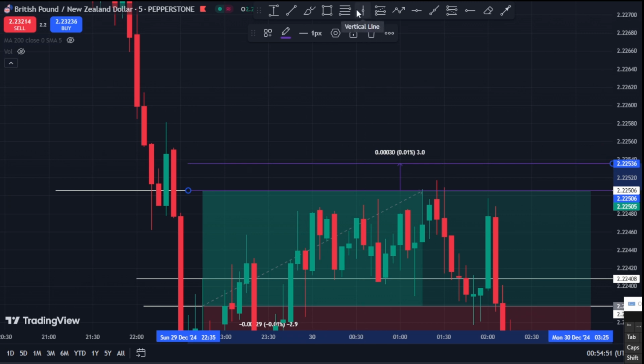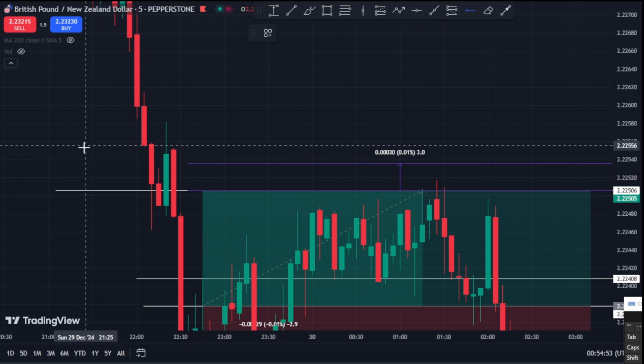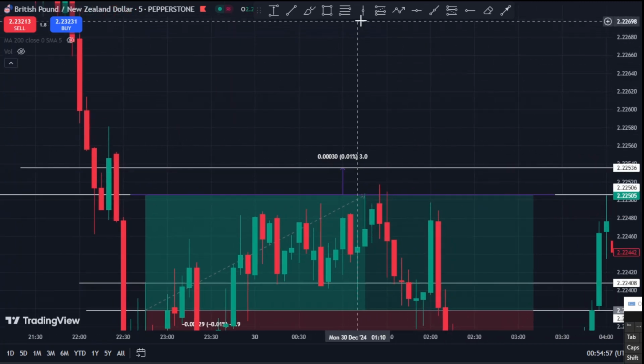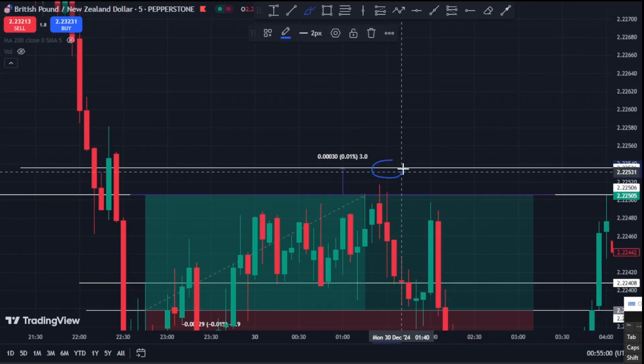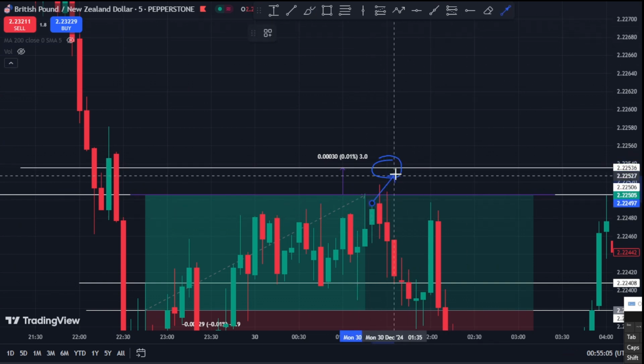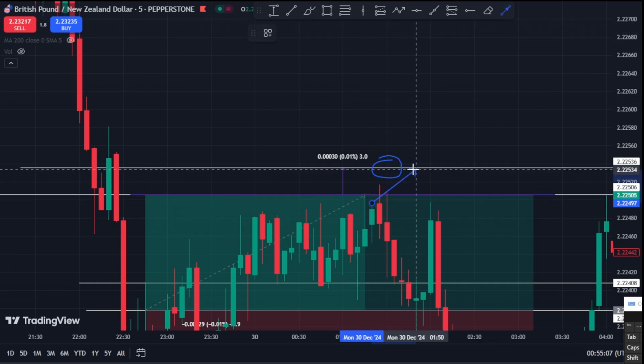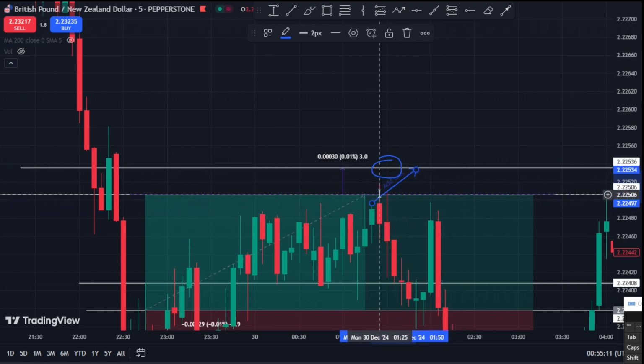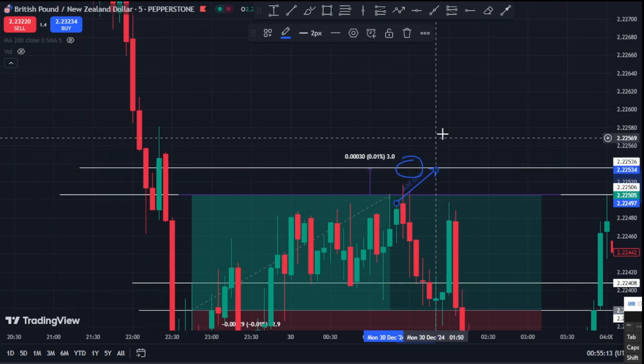So if that's what you're having right up there, the price had to come and touch this line. So if this price came all the way up to there and touched that line, you would have been activated, but the price didn't come up to there.